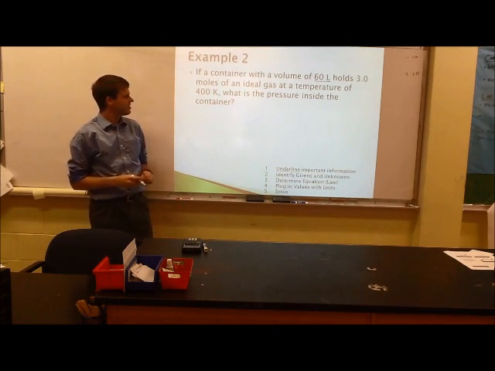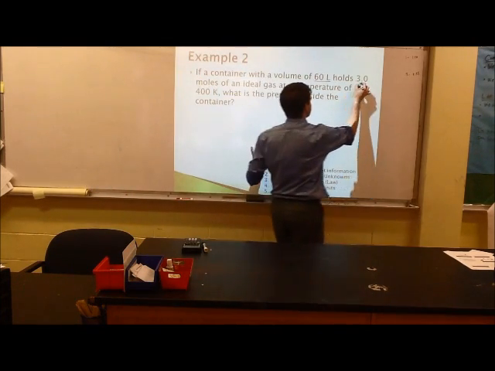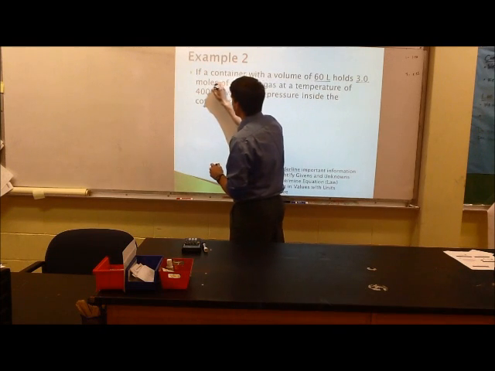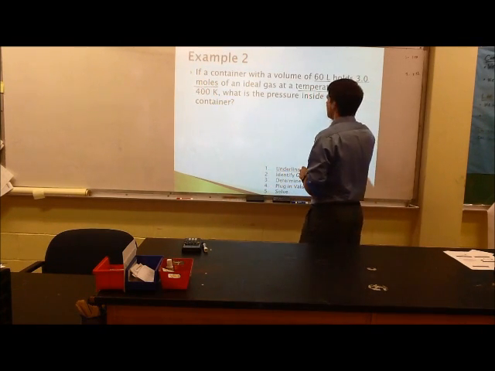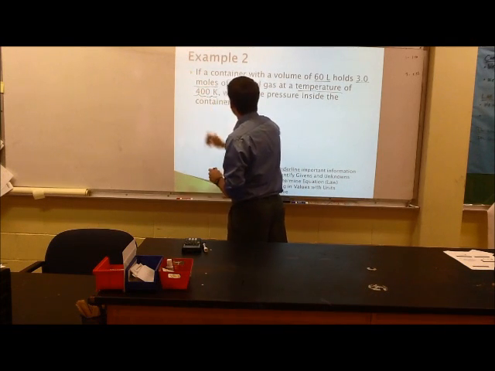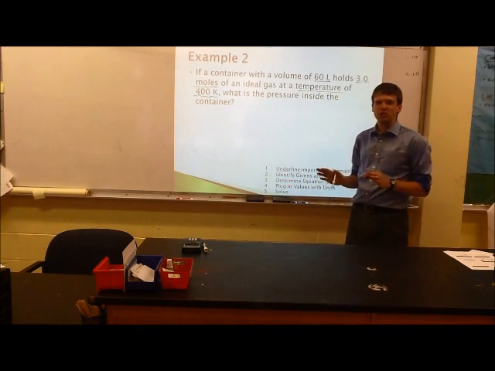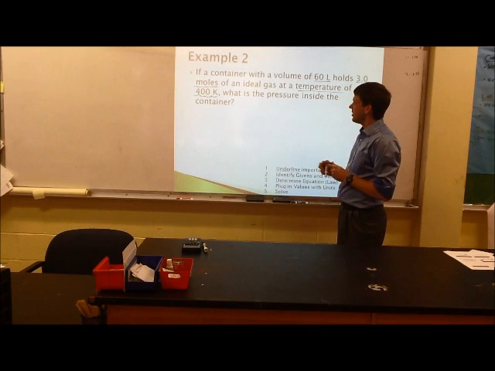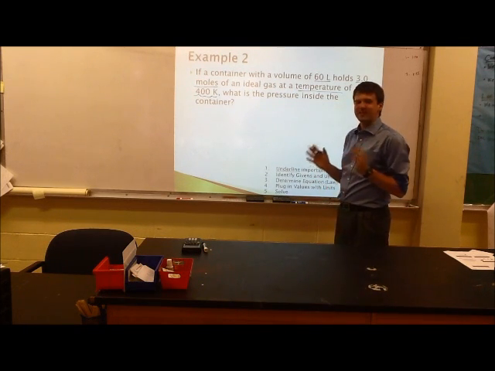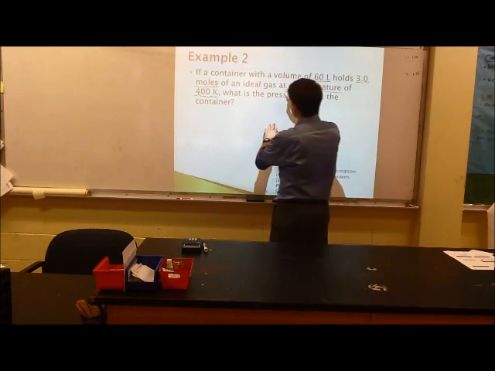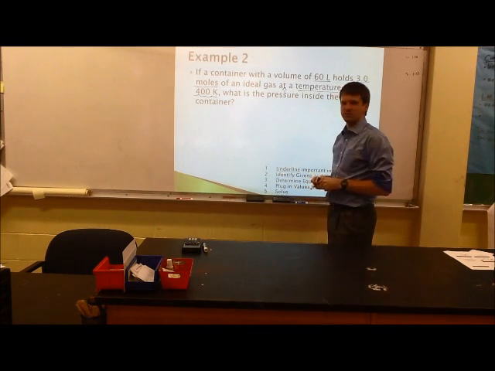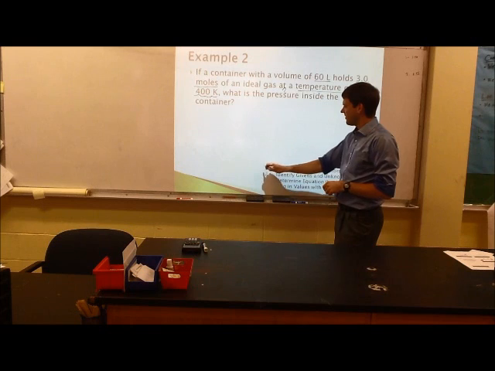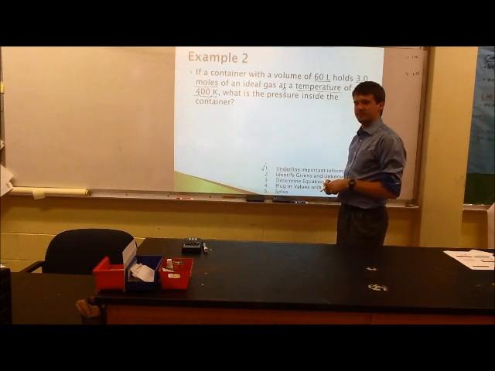Second thing that I see is moles of an ideal gas at a temperature of 400 Kelvin. We'll also see the word pressure, but it doesn't tell us what it is. So this is definitely our unknown. So I've underlined all the important information.